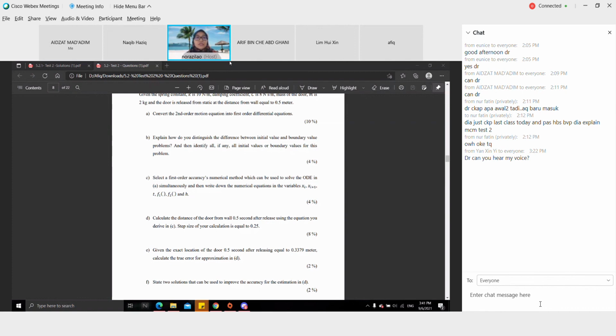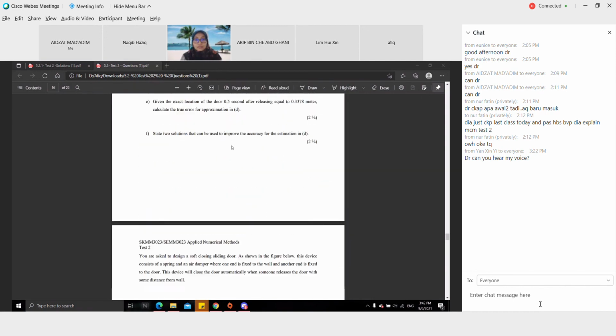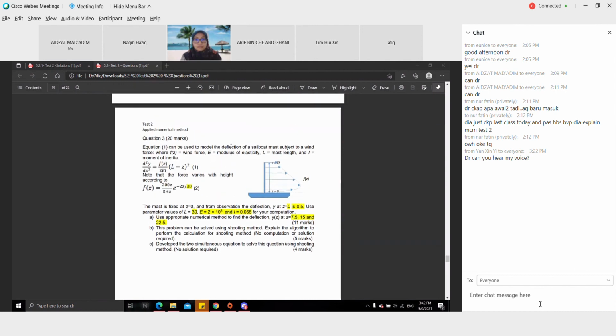Continue. Question number 3, that is the last question. Most of the time, students believe that question number 3 is actually a BVP. How can we understand this is a BVP? Easy way. The question can be used to model the deflection of the sailboat's mast subject to the wind force, where Fz equals wind force, E is the modulus of elasticity, L is the mast length, and I is the moment of inertia.